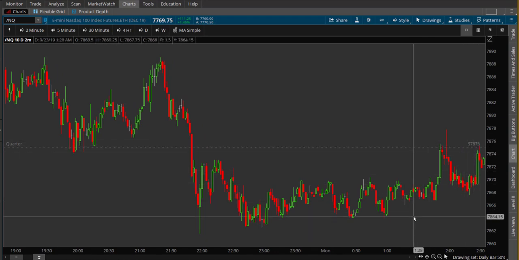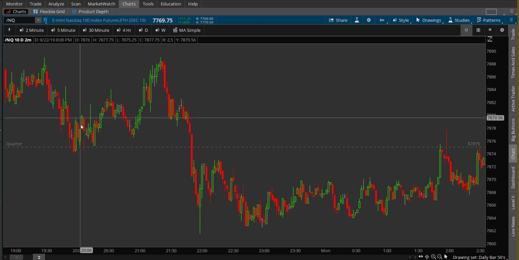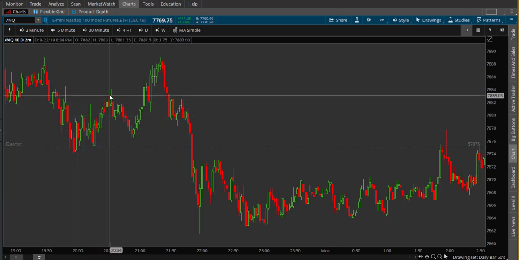Now, that's an important distinction. Every time we test a level, it's like trying to bang our way through the door, right? Persistence beats resistance. If we look back here, price came down and knocked on the 75, got rejected, tried it again, got rejected.